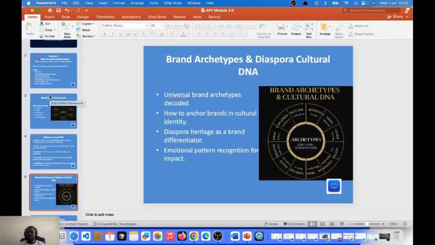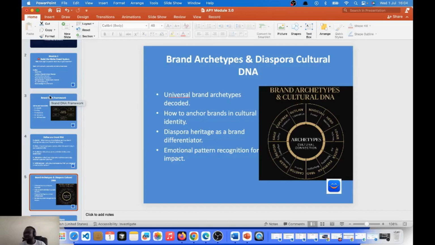So let's move on to talk about how the brand DNA framework can be applied to the diaspora culture. I always make a lot of reference to the diaspora framework, or diaspora heritage, or diaspora opportunity, because I believe so much that there is a mountain of wealth yet to be tapped within the e-commerce space, in the diaspora economy.